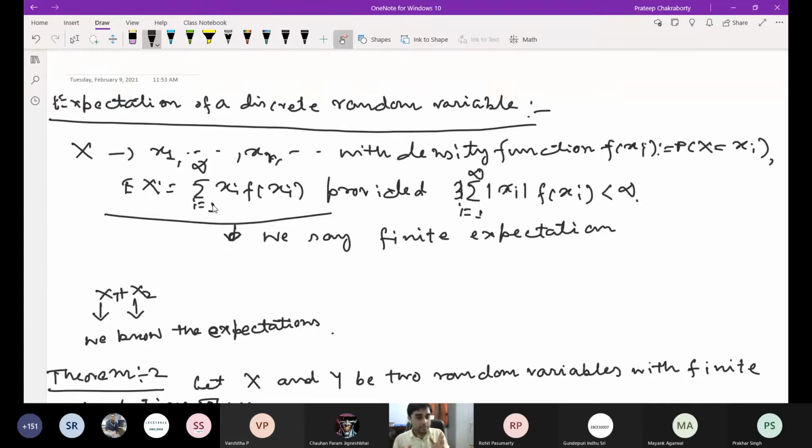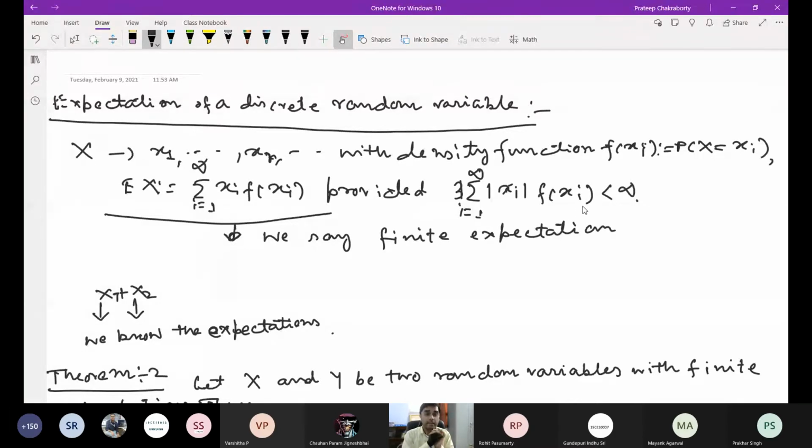But this expectation should be independent of how we arrange the xi. Suppose x100 you can put as x1, and x200 as x2. This way you can rearrange the terms. And if you rearrange the terms, the expectation E of X should be the same. That holds if the summation of mod xi f(xi) is finite.